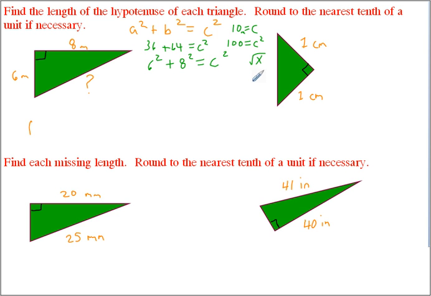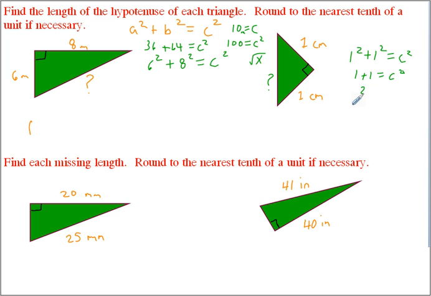Here, this one's a little bit tougher, because 1 is one leg and 1 is the other leg. So now we've got to figure out the value. 1 squared plus 1 squared is equal to c squared. So this is just 1 plus 1 is equal to c squared.